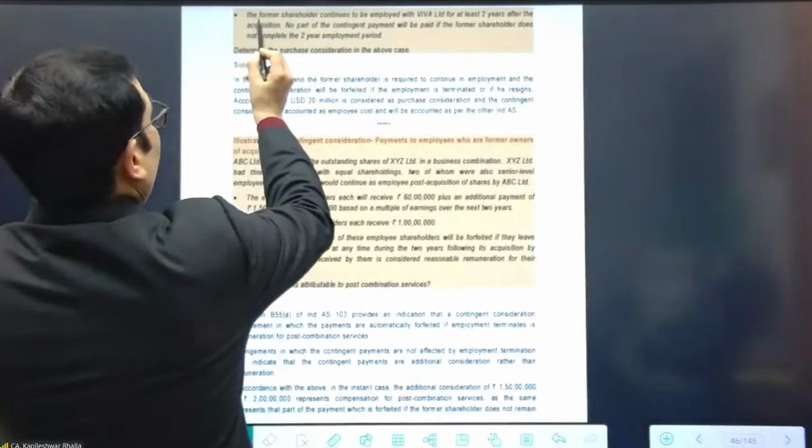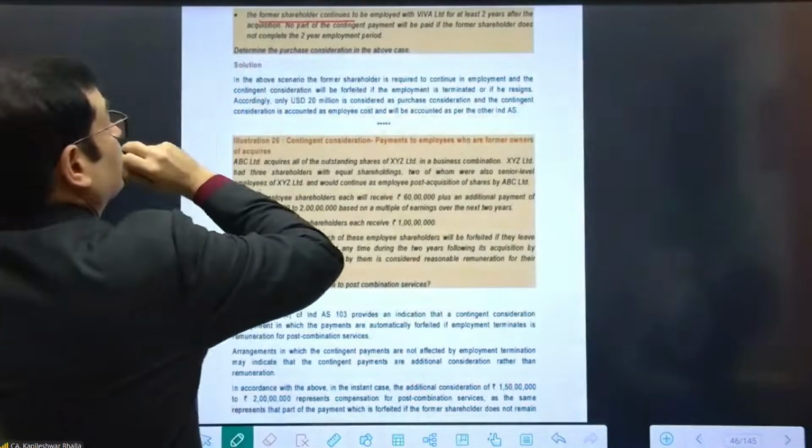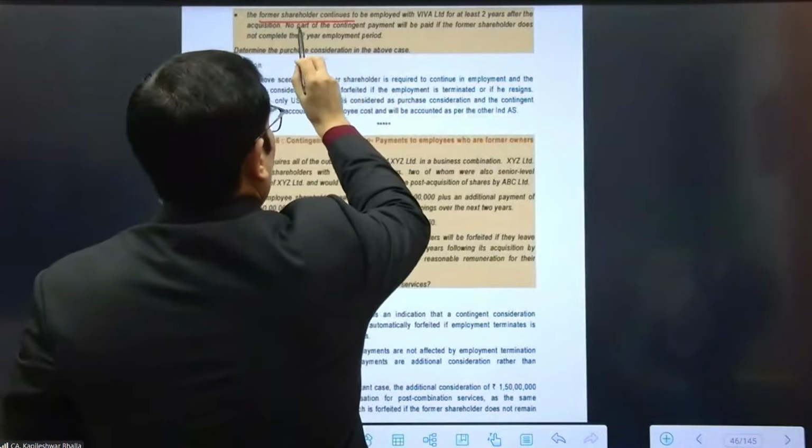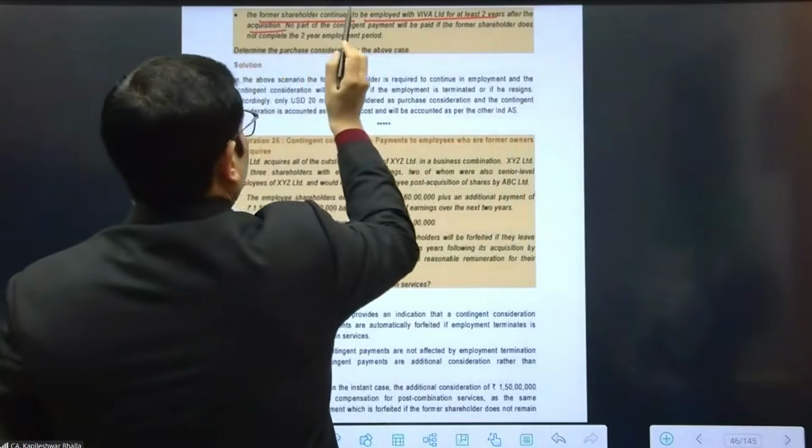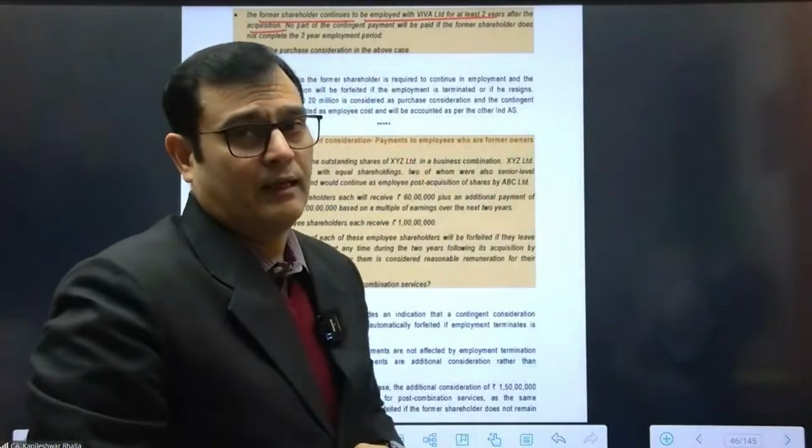It says the former shareholder continues to be employed. Now see, it adds on, the former shareholder continues to be employed for at least 2 years after acquisition. Aha. I gave him a target to achieve and then told him that you need to serve my company till you meet the target.